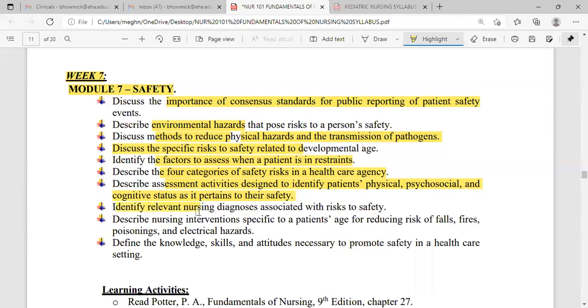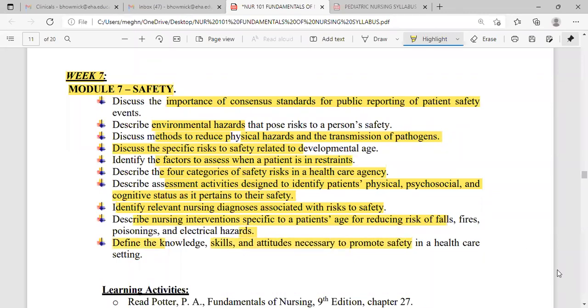Identify relevant nursing diagnoses associated with the risks of safety and describe nursing interventions specific to patients' age for reducing risks of falls, how to prevent falls, fire, poisoning, and electrical hazards. And define the knowledge, skill, and aptitude necessary to promote safety in the healthcare setting.